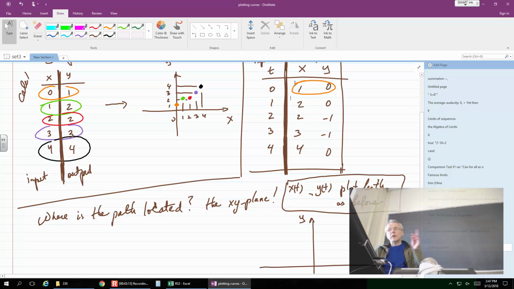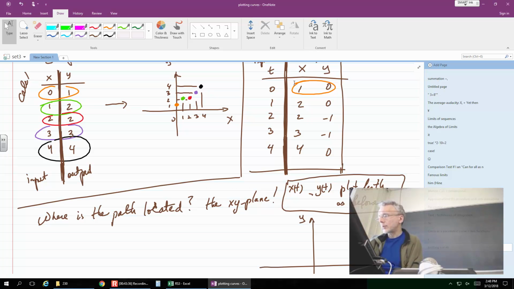Once again, I have to ignore t because I do not have the ability to plot in 3 dimensions, at least for the time being in the current state of technology. I wish I could do some kind of hologram, and put dots in space and draw 3-dimensional things. So far we have to stick with the 2-dimensional plane.